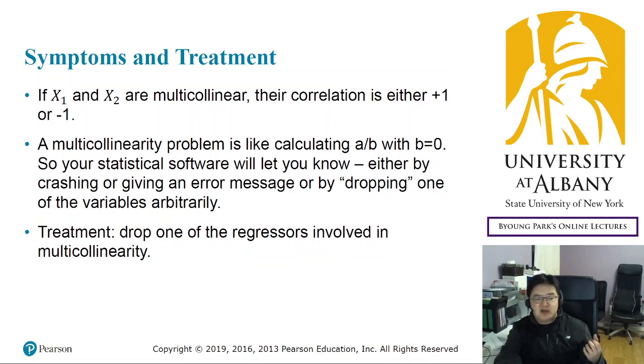But when the model becomes more complicated, Stata understands it, but you may not understand why one variable is dropped. But then of course you have to understand why this problem happens and why the variable is dropped as a remedy to the problem. So that's why I'm teaching this problem.